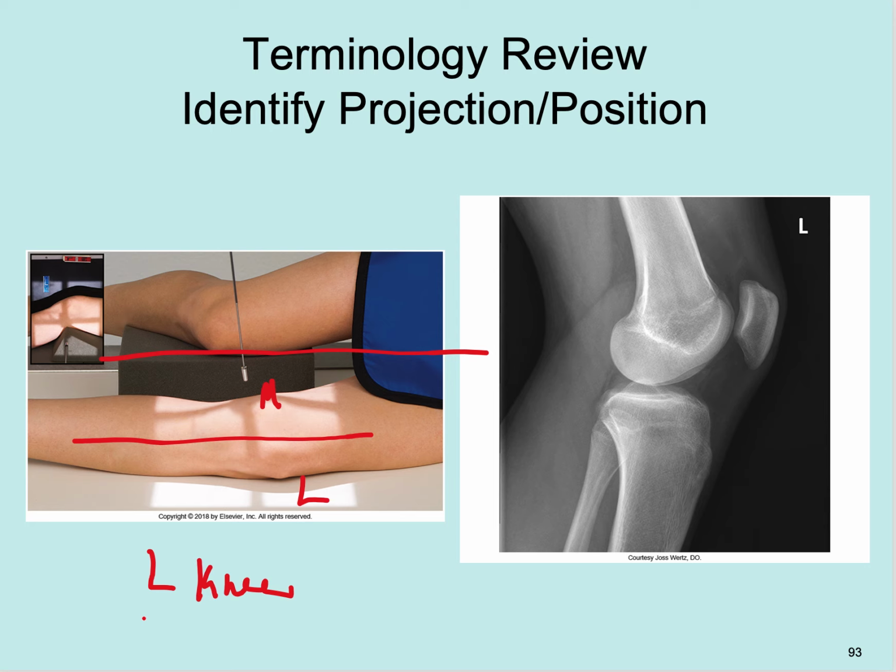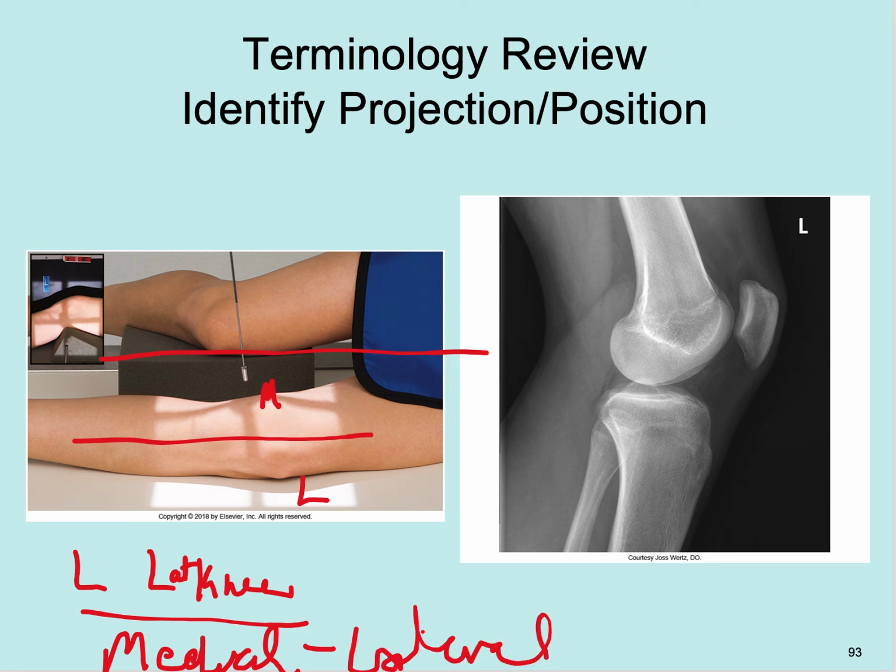Is it right knee or left knee? This is our left lateral knee, but the position is the left lateral knee. The projection is medial to lateral. So you want to say left knee, medial lateral projection.